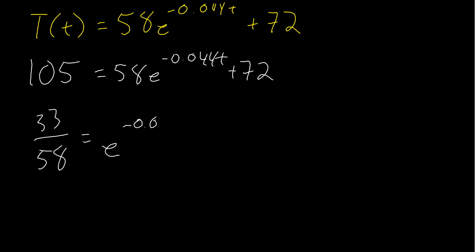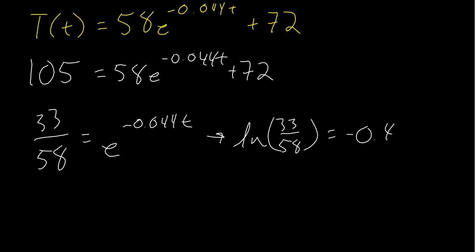We're going to take the natural log of both sides. So we're going to have the natural log of 33 over 58, and that is equal to negative 0.44 t. And then we're going to divide both sides by negative 0.44.